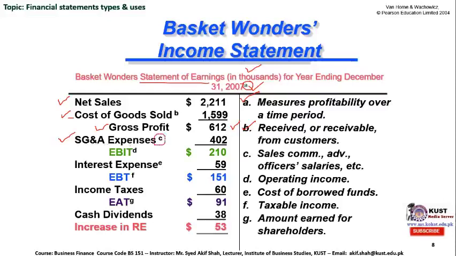What type of expenses these are? It has been cleared that these are the sales commission, advertisement expenditures, or the officer and employee salaries which the company is going to pay out. In this step, we are going to minus the selling, general and administrative expenses, and we come up with earning before interest and tax and depreciation as well, amortization.